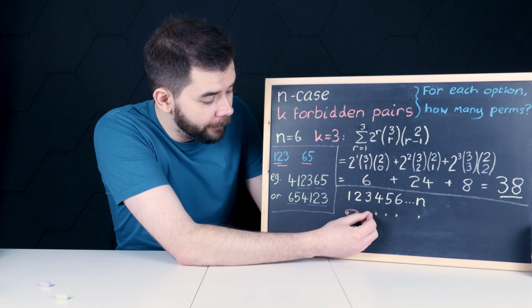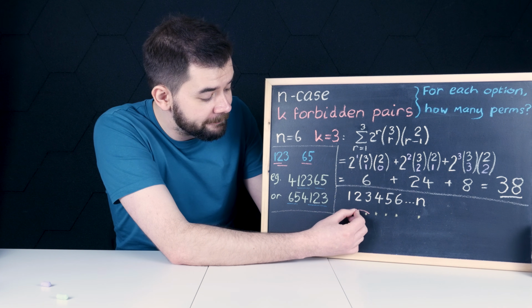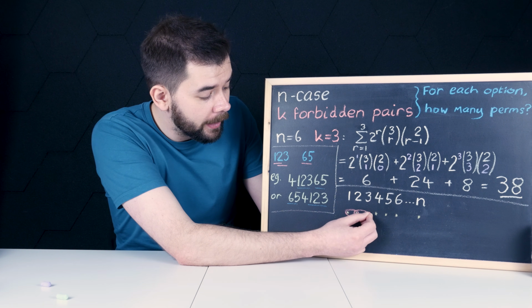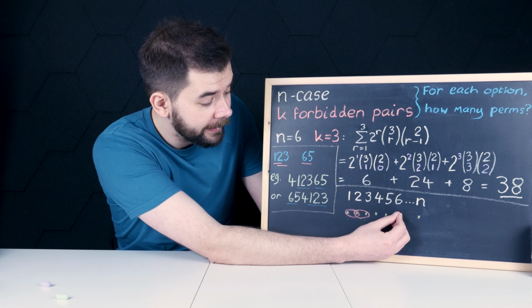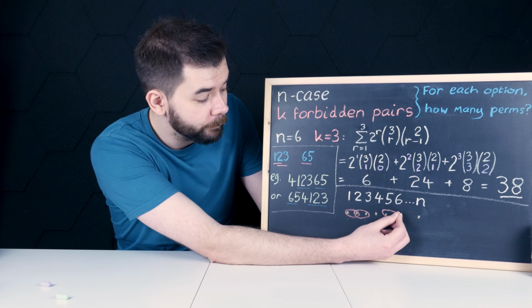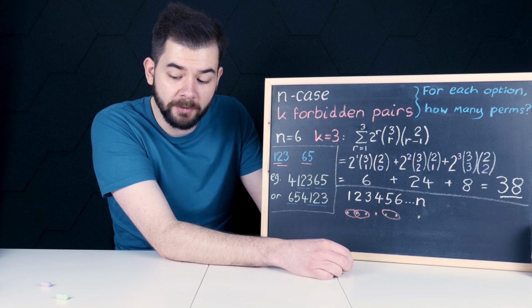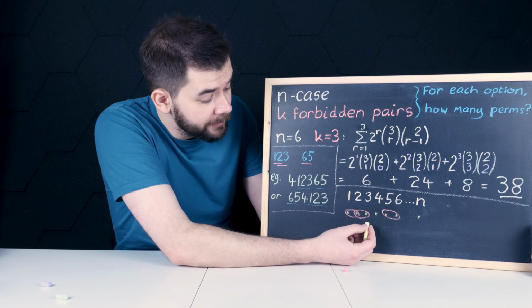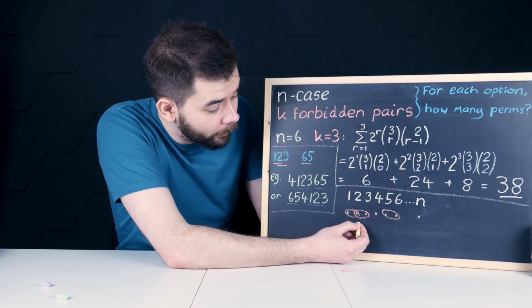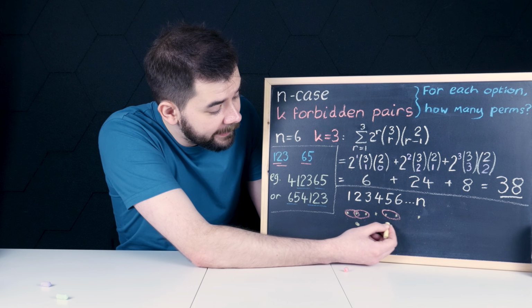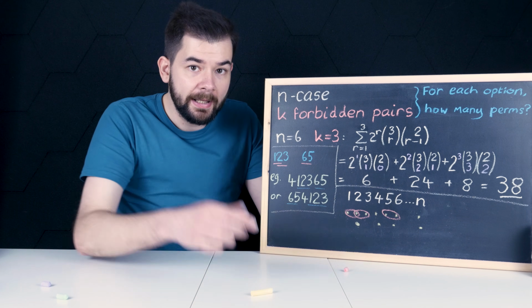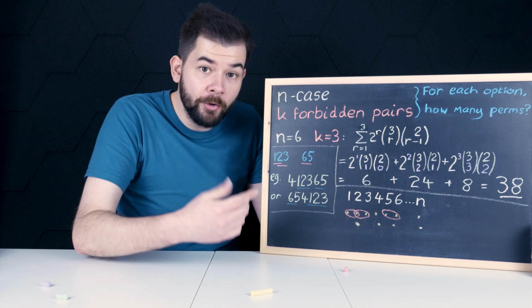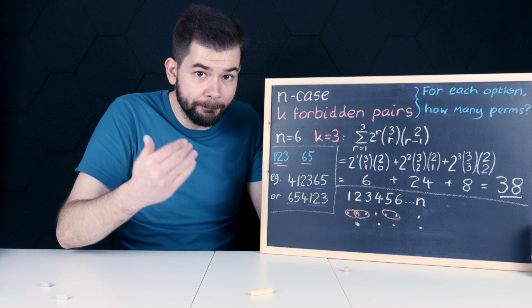If we include another forbidden pair, and it doesn't matter where that forbidden pair is, whether we are extending a forbidden pair in a smushed case, or another forbidden pair out here that's independent, we always reduce the number of objects by 1. So now our objects look like this. We've got one big object there, one object there, one object there, and all the way up to n. So, including a forbidden pair reduces the number of objects by 1.